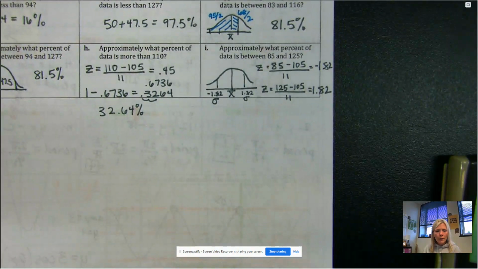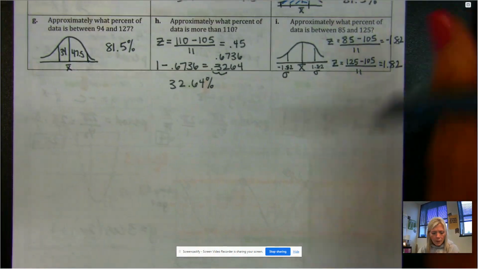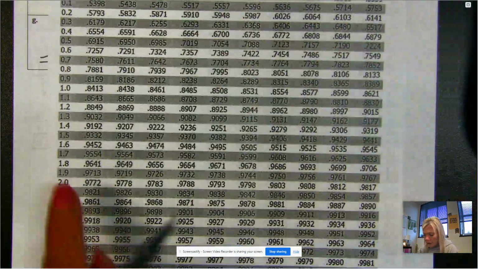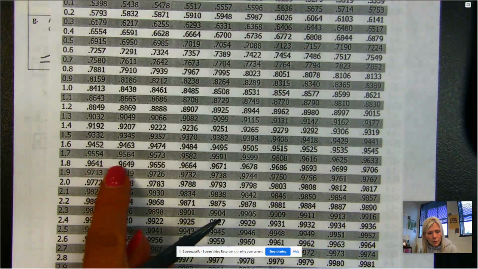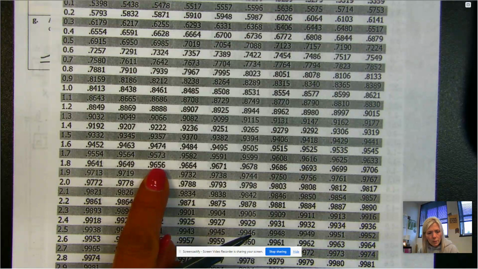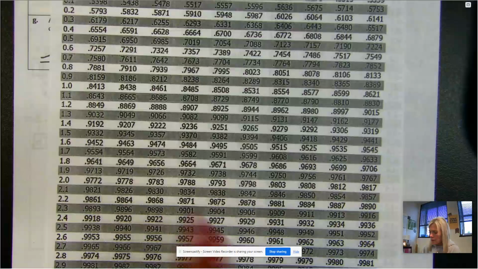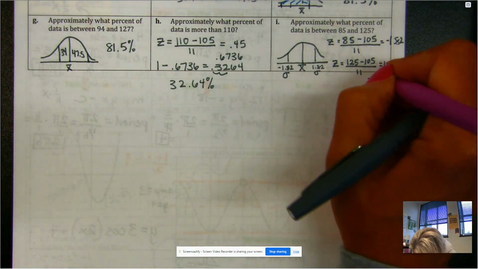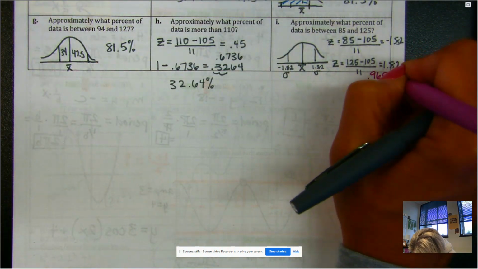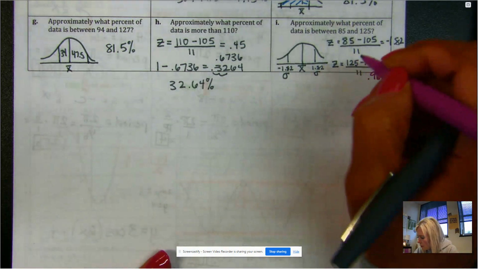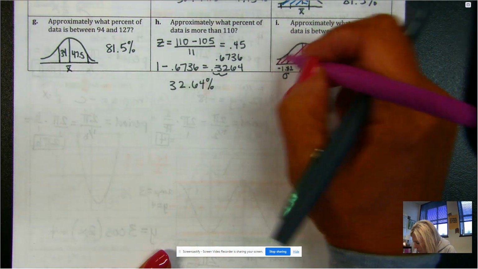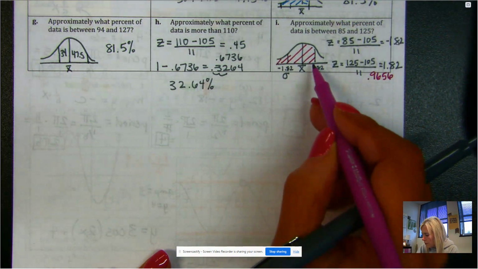And now we're going to find the areas from the table. So let's just say from 1.82, 1.8 and 0.02, 0.9656. So this one gave me 0.9656. And what that means is that that's the area under the curve to the left of this point.